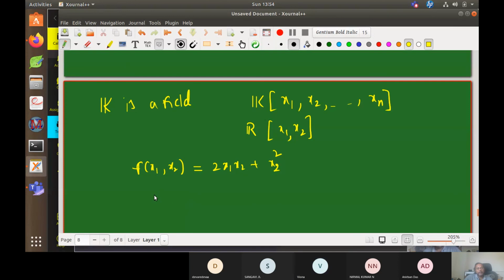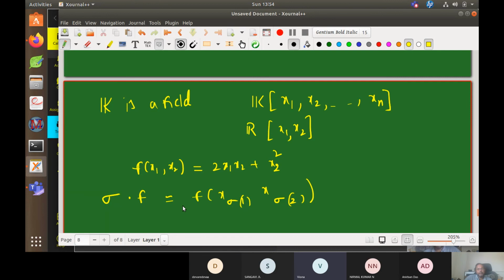Now sigma acting on this f. See, here also action is coming. When it acts on something, that's why group action is more powerful. So how does it act? F of x sigma 1, x sigma 2. Sigma is converting one polynomial to another. Suppose it is S2.